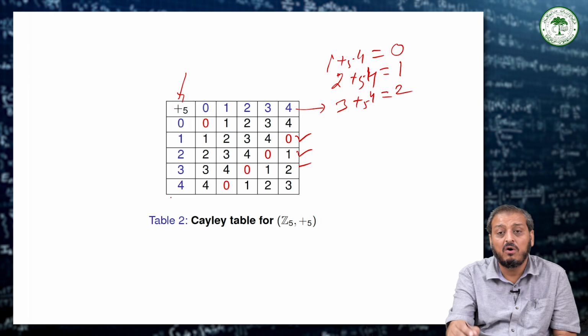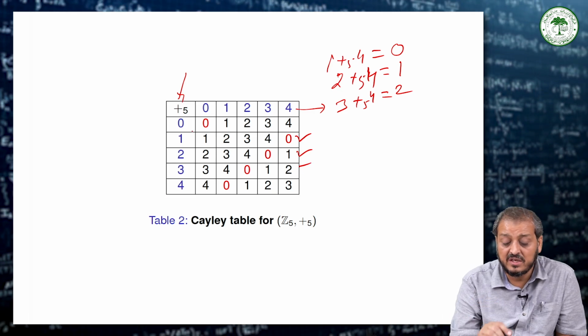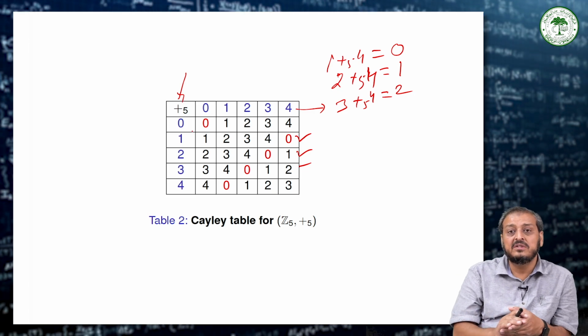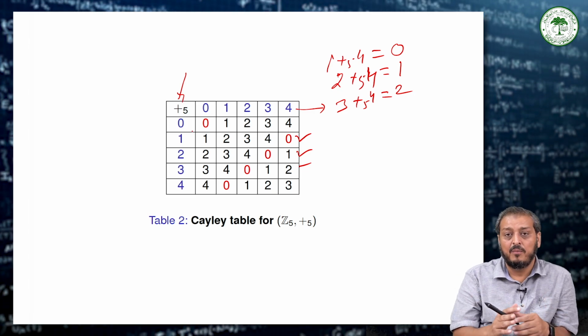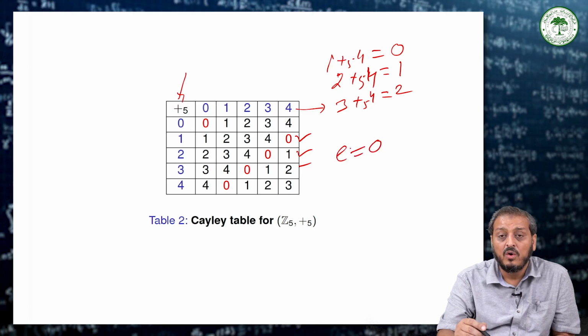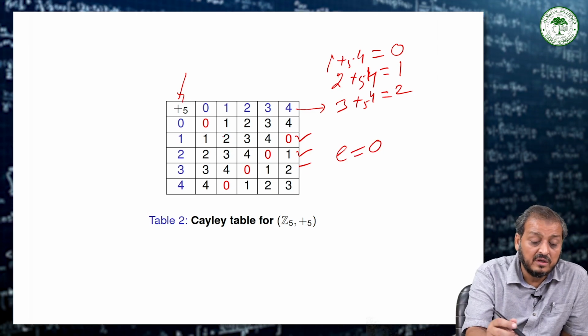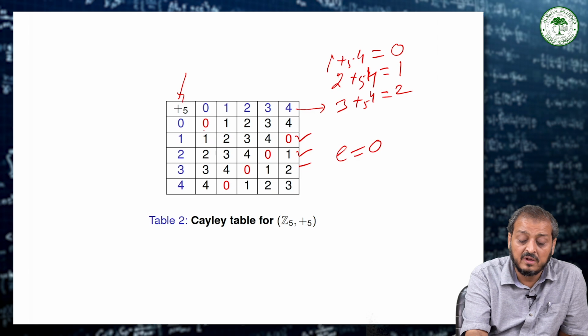So similarly, we complete all of this table, and in this case you can see that under addition modulo 5 the identity element is equal to 0. So we see 0 in each and every row and column.